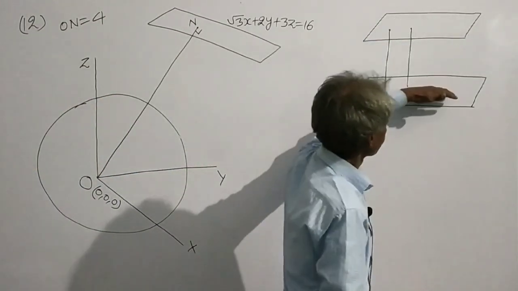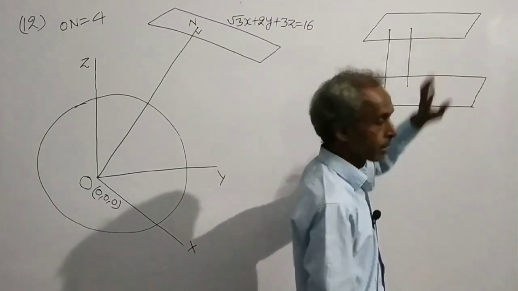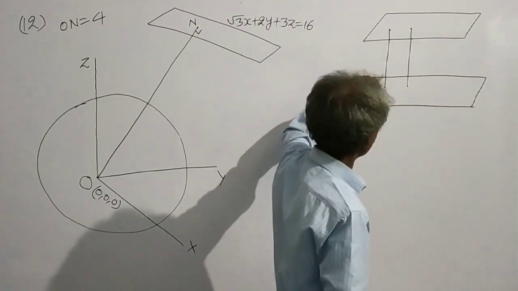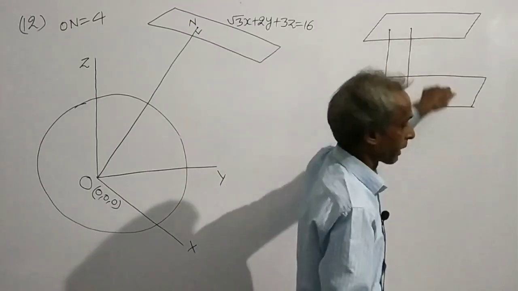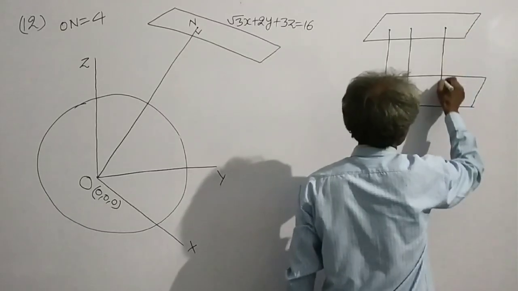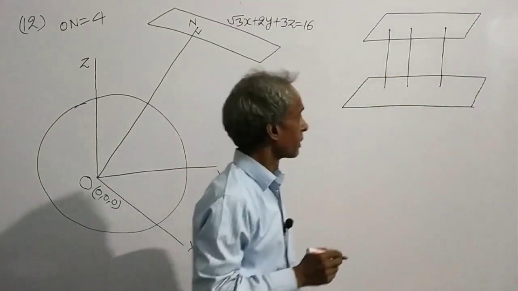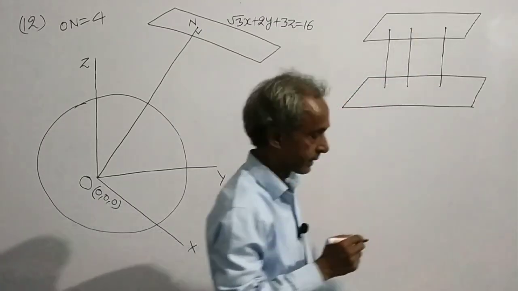If two planes be parallel to one another, then the distance between them will be equal everywhere. Distance means perpendicular distance between these two planes.